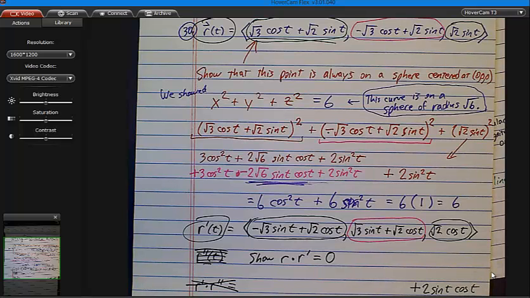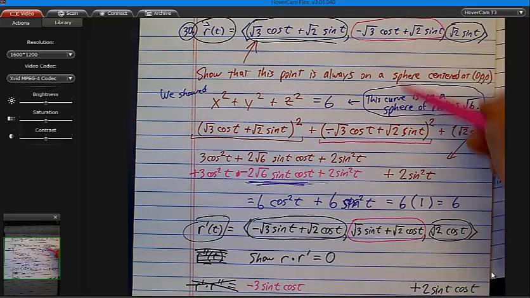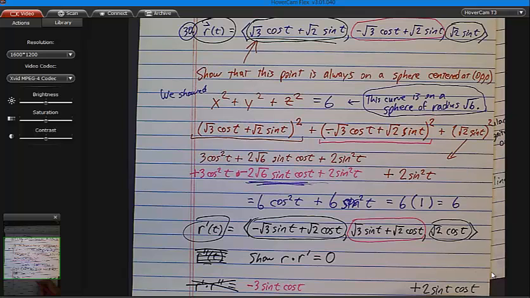Here we go. How do you multiply these binomials together? First, I get negative 3 sine t cosine t, and that comes from first. And then outer would be this thing times that thing, so I get minus radical 6 cosine squared t. And then inner, I get plus radical 6 sine squared t.